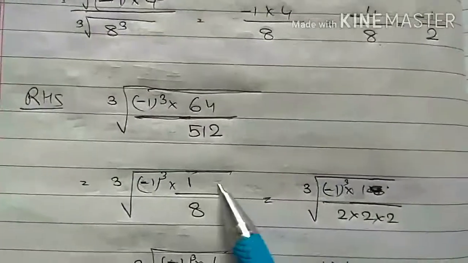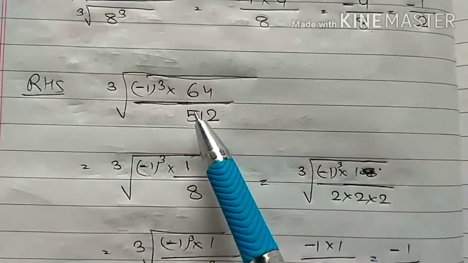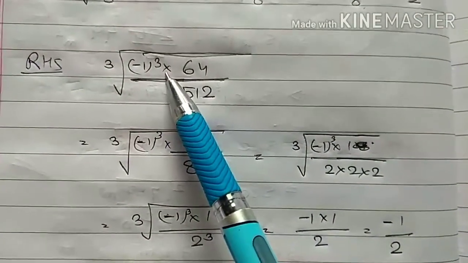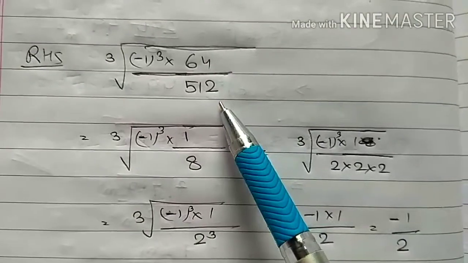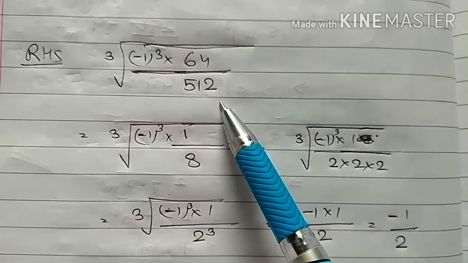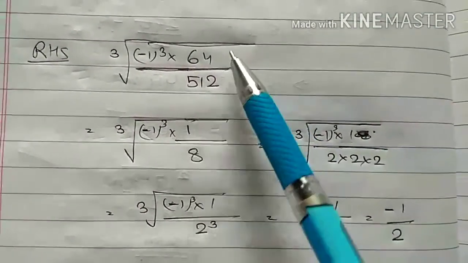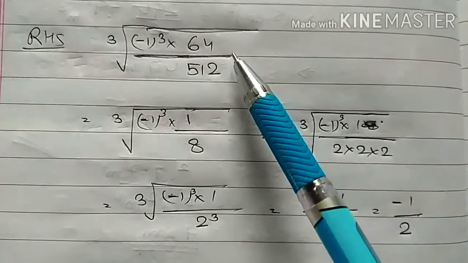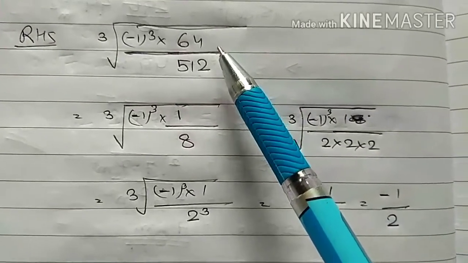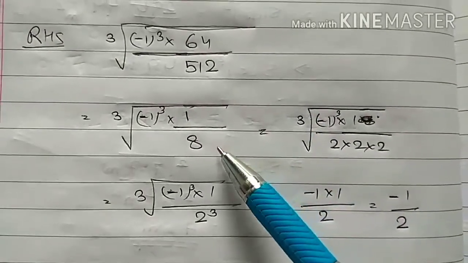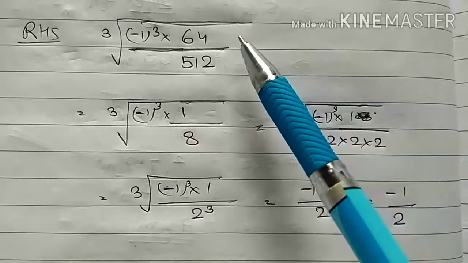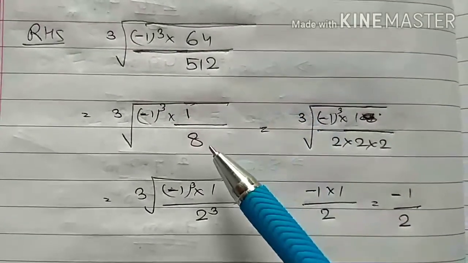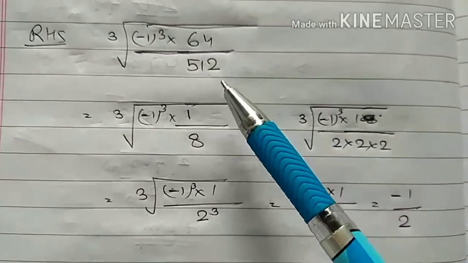Okay, look here, in terms of RHS, we can write like this: -1 to the power 3 into 64 by 512. After dividing, we can divide numerator and denominator by a common number, which is 64. 64 divided by 64 is 1, and 512 divided by 64 is 8.